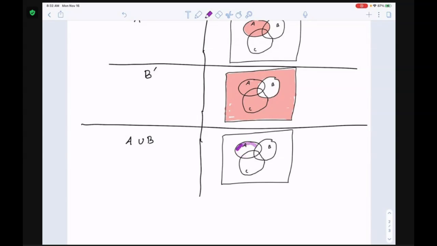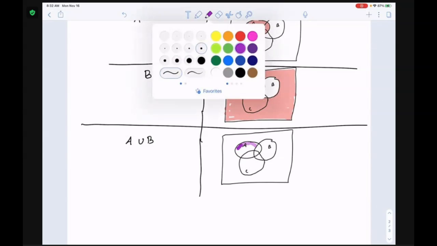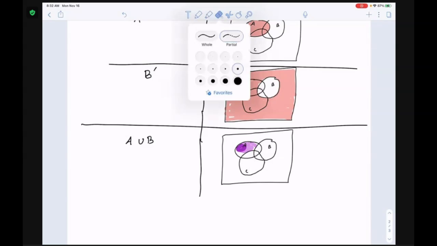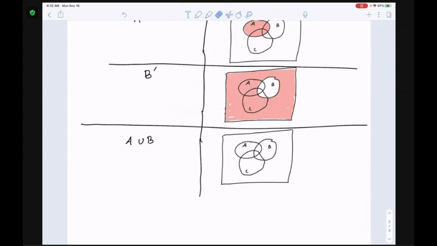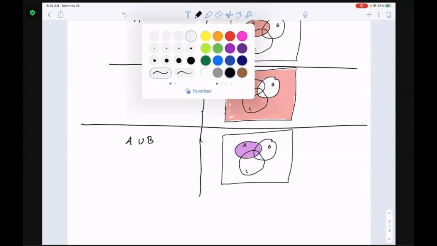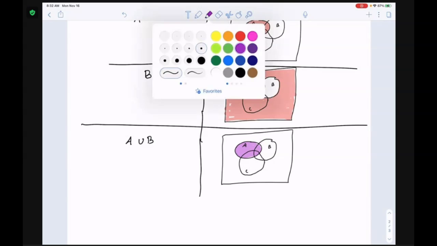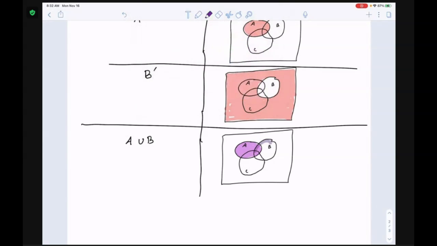Why did it do that? It's weird. Okay, so if I were to do A, it would be here. And if I did B, it would be here.